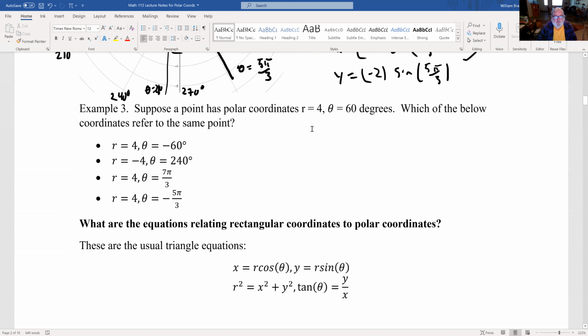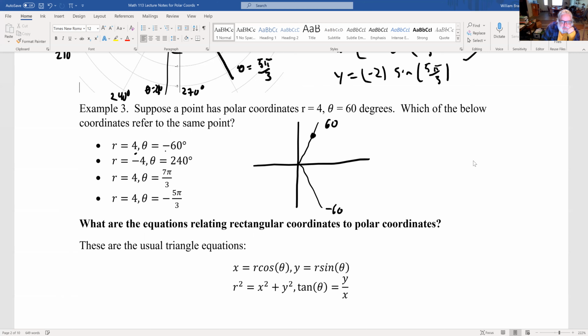So here's a point. Its polar coordinates are r equals 4 and theta equals 60 degrees. Which of the below coordinates refer to the same point? So you can sketch that. 60 degrees is up here. R equals 4 is there, so we're at this point, more or less. R equals 4, theta equals minus 60 degrees. Well, minus 60 degrees is down here, and r equals 4, so this one's different.